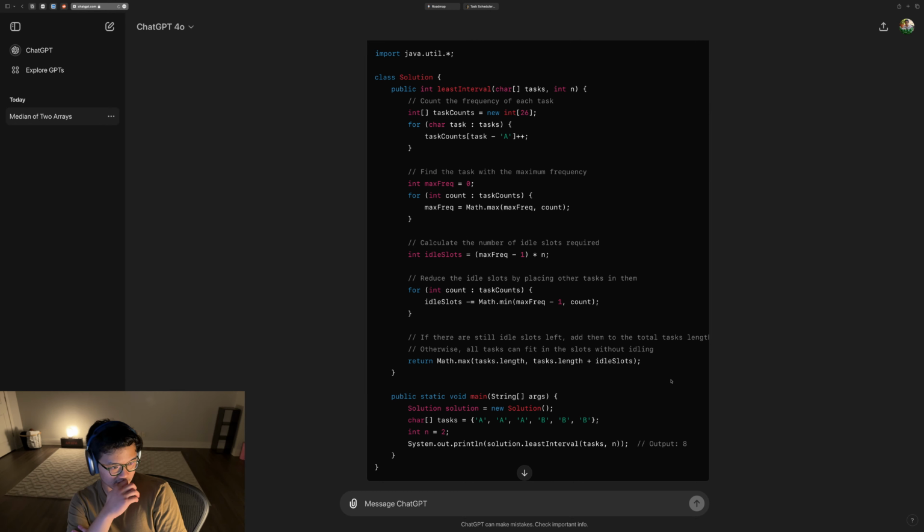So we're getting rid of the idle slots. Oh, that's kind of genius. That's so smart.